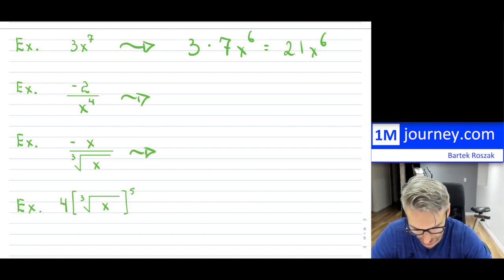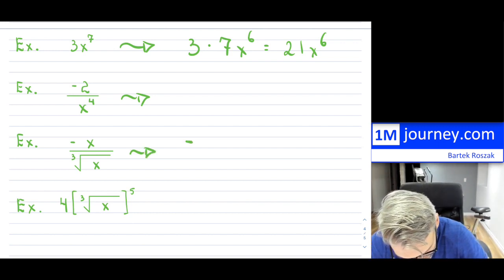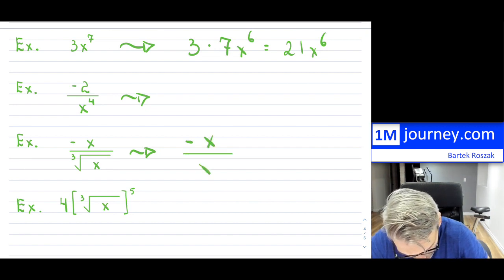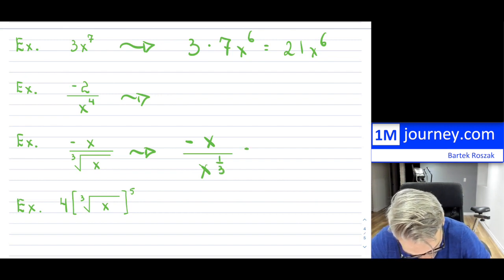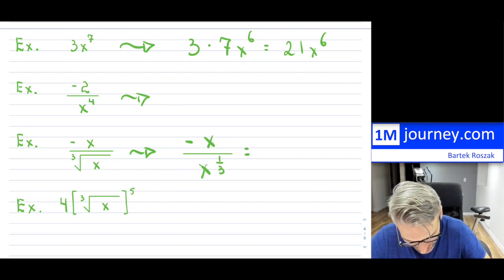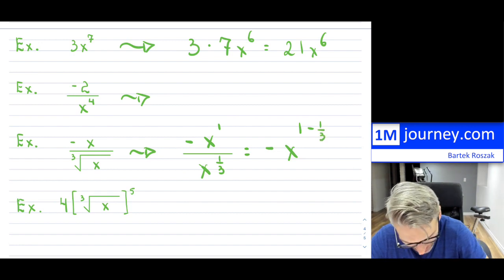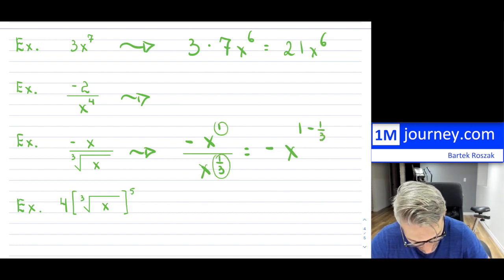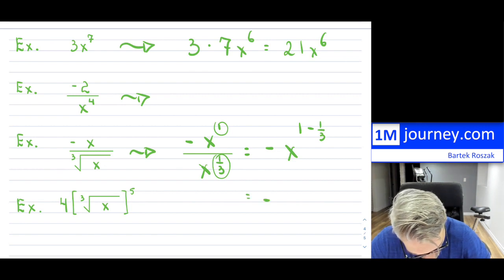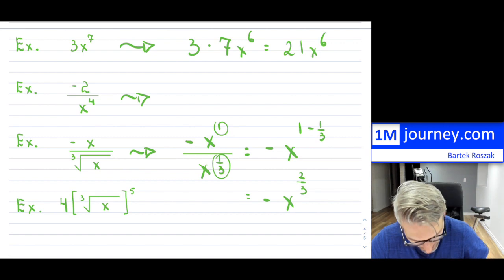So what about this one? I'm going to simplify this. So -x, in the denominator, notice this is x to the 1/3. Because I have an x and an x, this is the exponent rule. So this is nothing else but -x to the 1 minus 1/3, right? These are just the exponents, so that's subtraction. That is equal to -x to the 2/3.